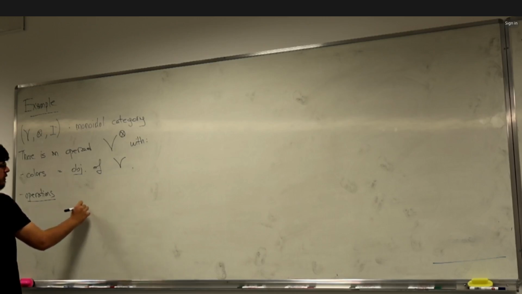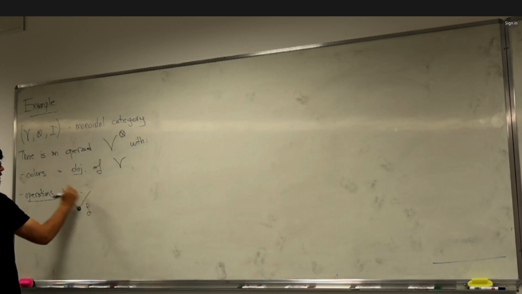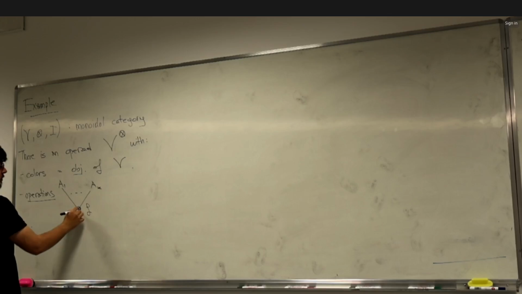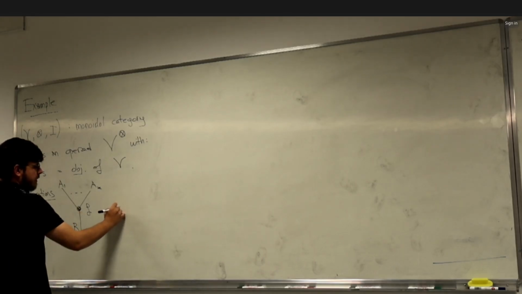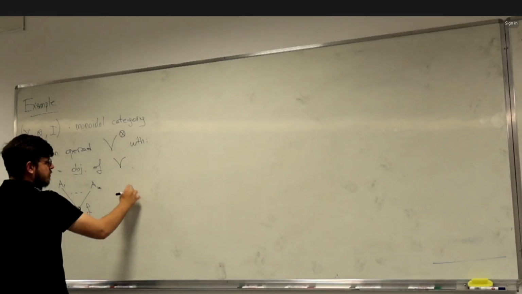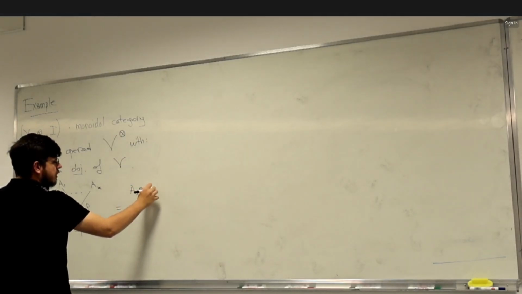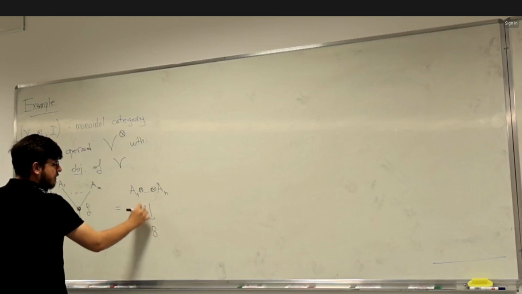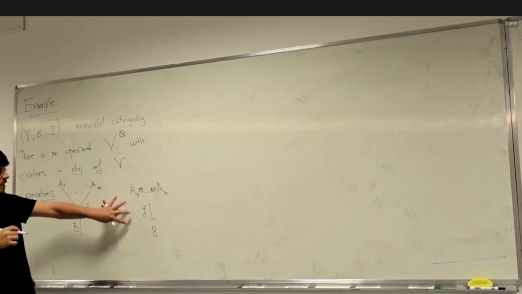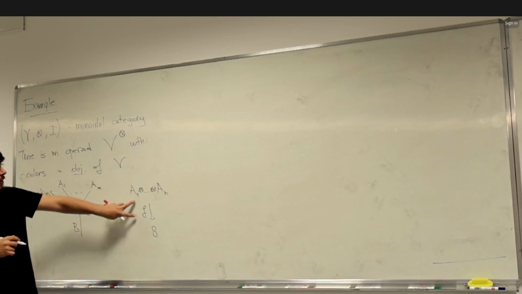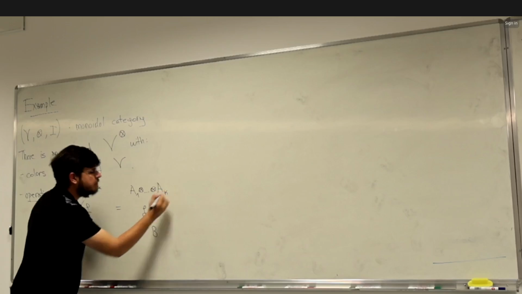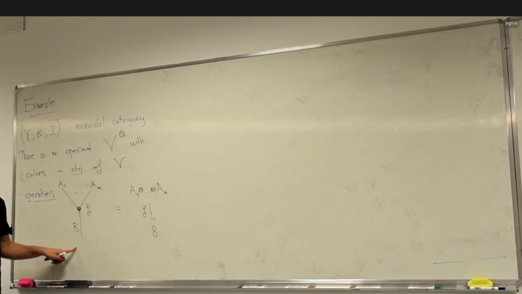So what is an operation? Now the colors are objects of V. Say A1 to AK, a sequence of colors, to B. This is a morphism from the monoidal product of A1 to AK to B. So this is just taking objects of V, interpreting morphisms from the tensor of K objects as this type of operation.